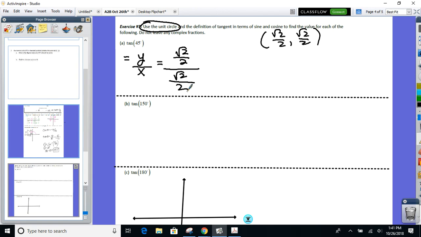If I divide something by itself, 1. I don't have to do anything fancy. Just going to be 1. Tangent of 45, and if you don't believe me, check your calculator. Tangent of 45, 1. For now, we got a lot more work to do with this next one, though.